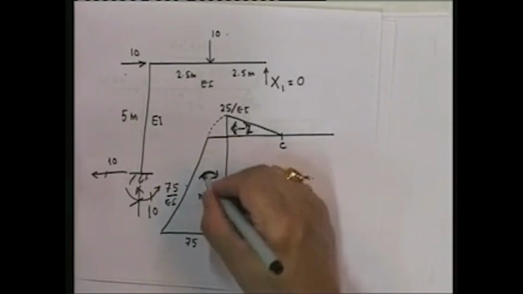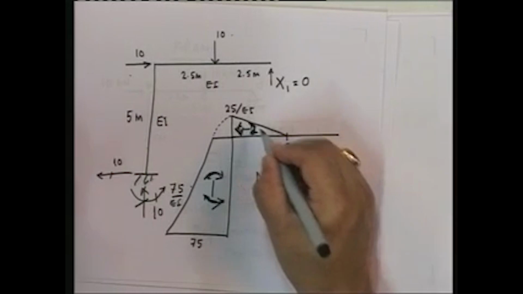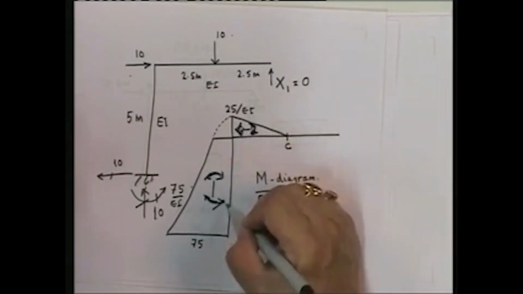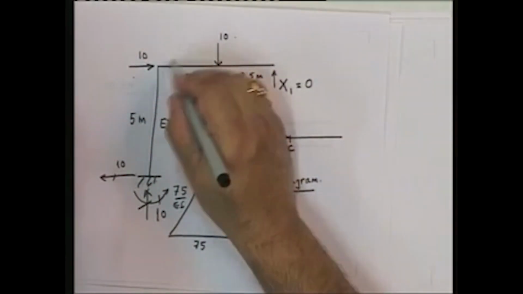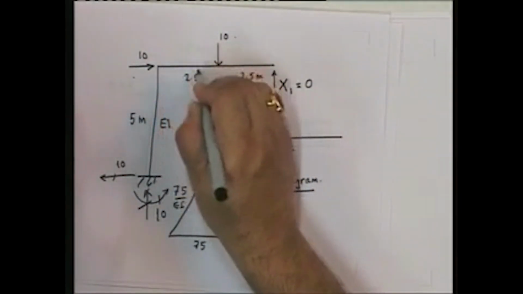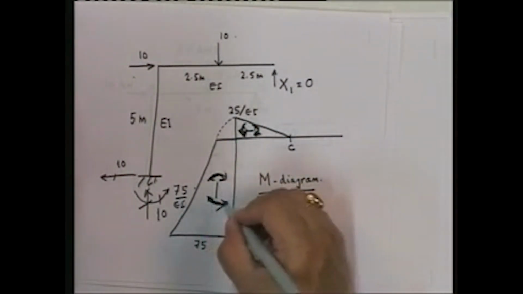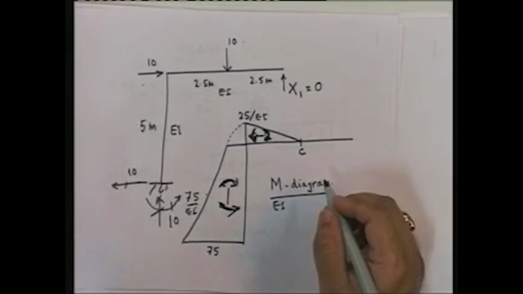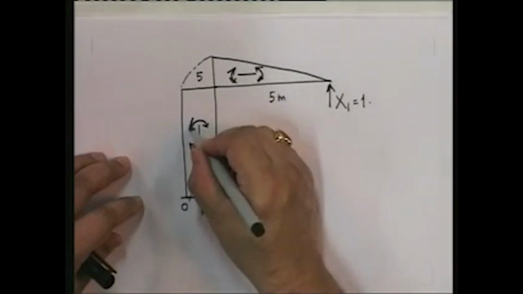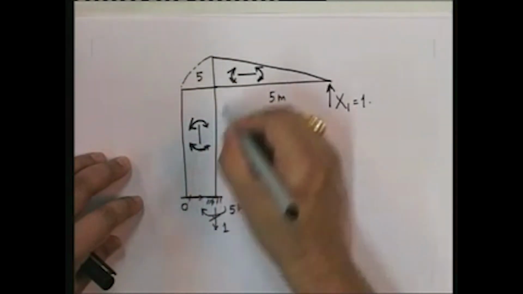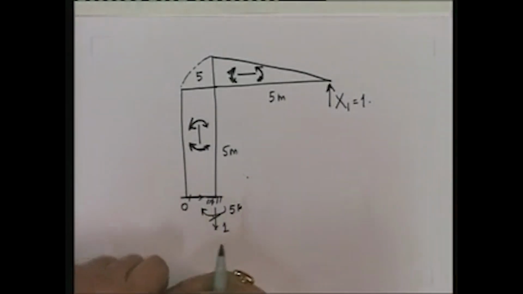Okay, I'm so sorry, made a mistake here. Please ensure that you understand. This is hogging because this creates a curvature in this direction, and this also is this way. Okay? And over here, you have it as sagging. This is sagging. Okay?